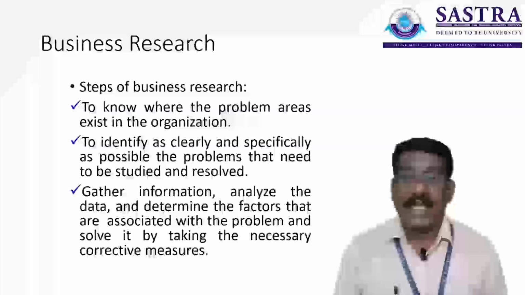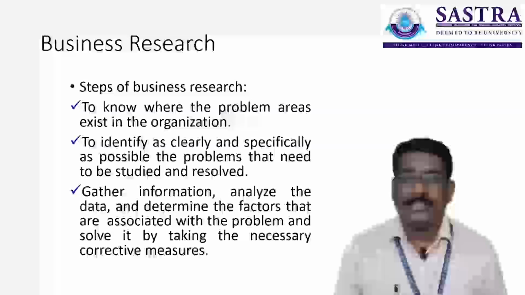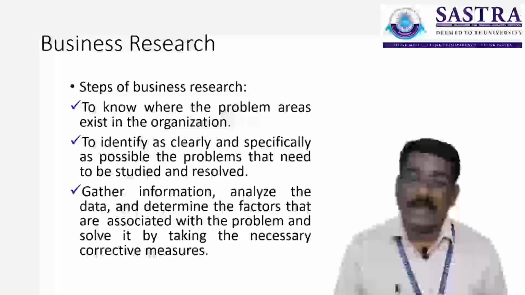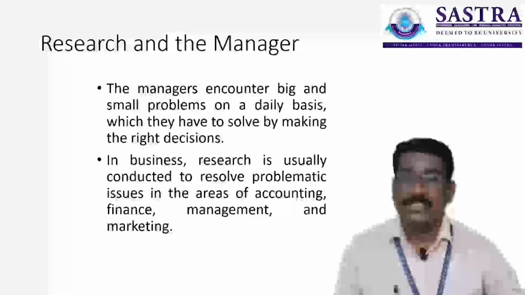That's a great exercise, and it needs a lot of meticulous detailing and a scientific approach so that the problem can be clearly resolved by taking the necessary corrective measures. So this aspect is very important in the process of business research.